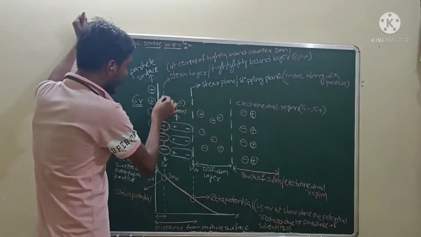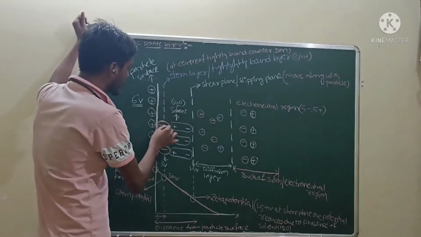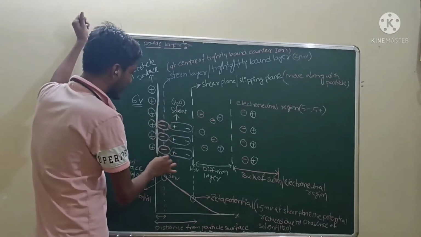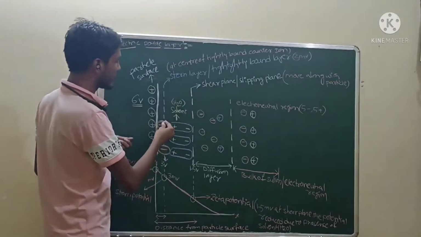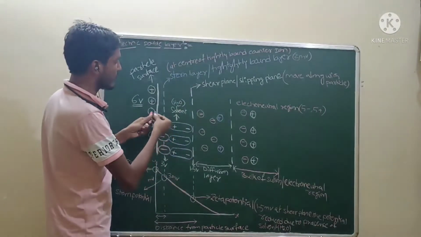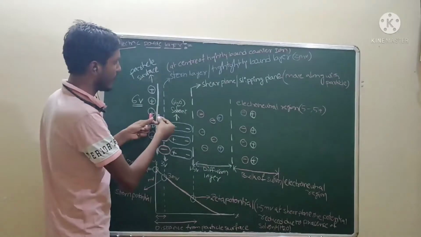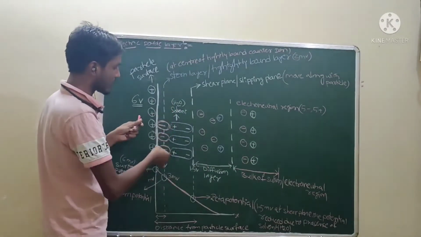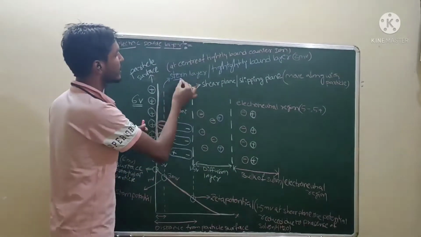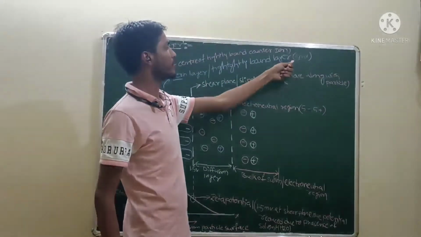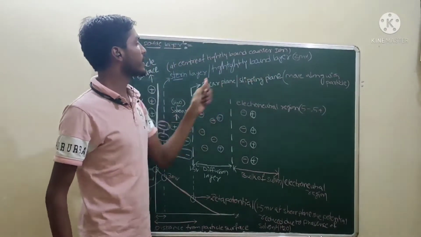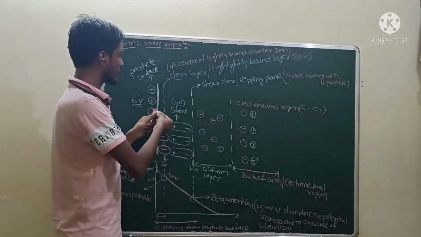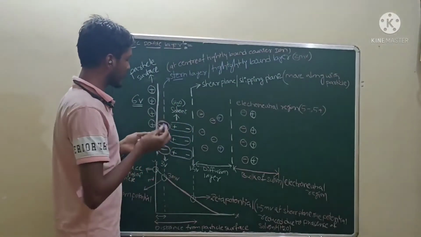So in the middle of the counter ions, meaning the negative charges, we take the external layer, which is attached tightly to the surface of the particle. We can call it the external layer or tightly bound layer.